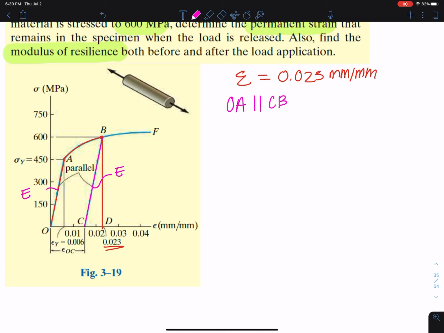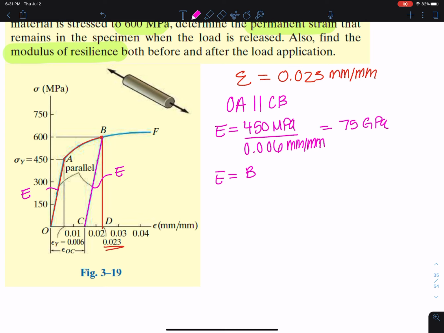Which means that we can easily solve for the slope because we can use the yield point, 450 MPa divided by 0.006 millimeters per millimeter. And that's equal to 75 times 10 to the 9, so I'm going to put it in gigapascals. Now we can see, again, that this E value also has to equal this line BD over CD, because this is just rise over run, right?